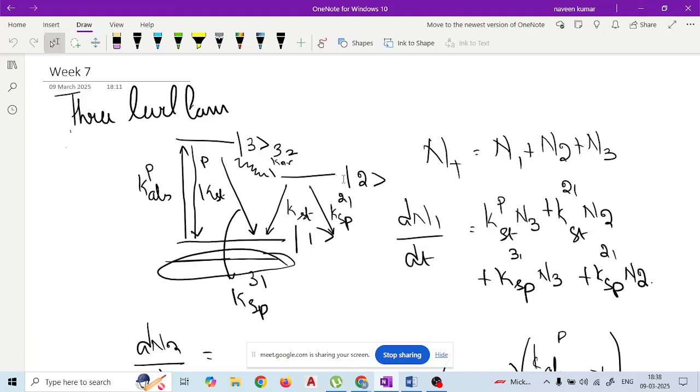So when we say that K_NR needs to be larger than K_SP, it means the inflow needs to be larger. K_NR should be greater than K_SP, mainly to get the inflow.